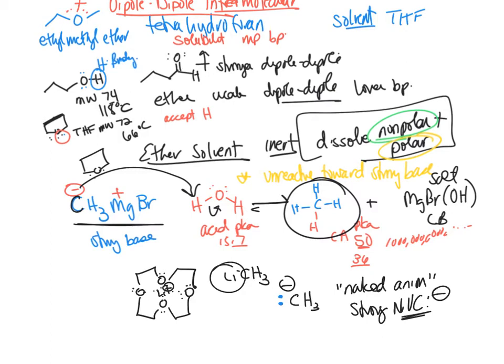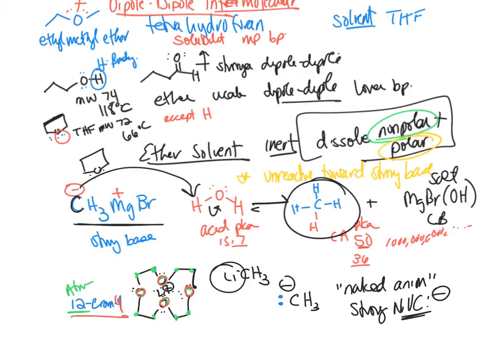The way crown ethers are named, this would be a 12 crown 4, and it's because you have 1, 2, 3, 4, 5, 6, 7, 8, 9, 10, 11, 12. So you have 12 atoms, and you have 4 oxygens, 1, 2, 3, 4.